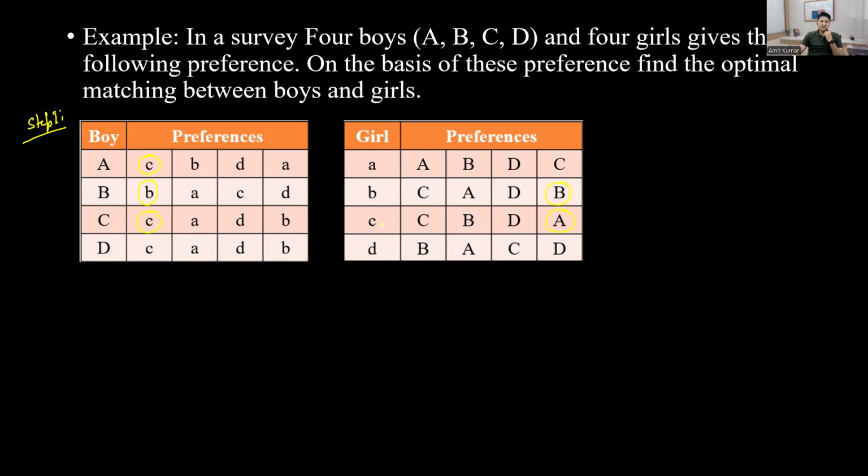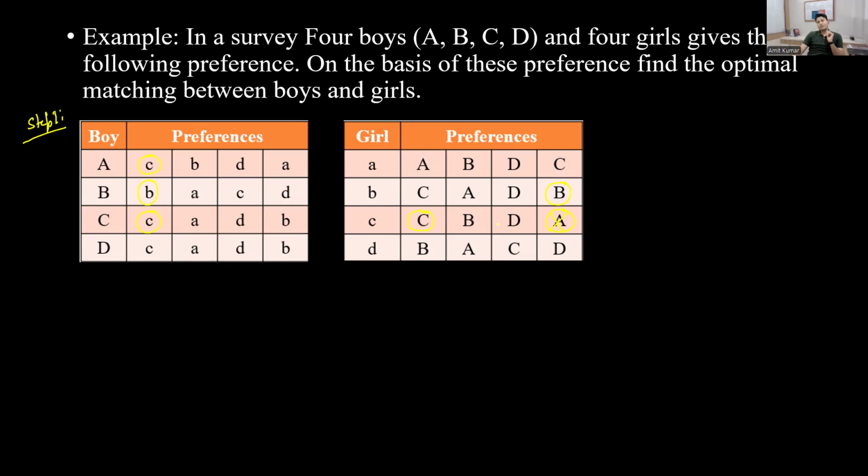And now you can see when the offer comes from capital C to small c, small c is already engaged somewhere. Currently she is engaged with A, but now an offer comes from C, which is the first choice for her. So the present offer is better than the current one, so the current one gets rejected and this will be accepted.